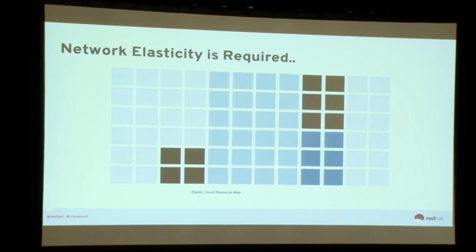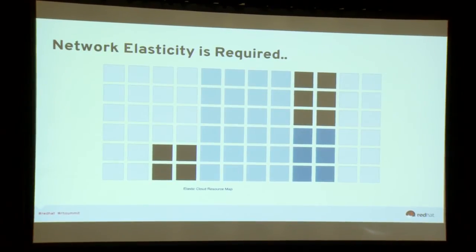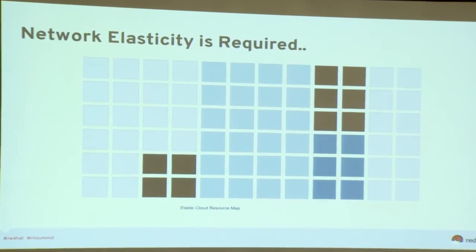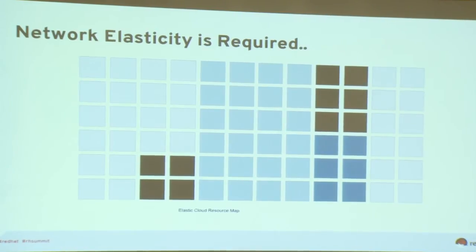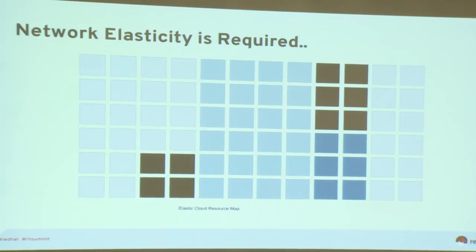So why is elasticity required? If you look at the screen here, this is a logical representation of your elastic cloud. You can just pick a color and assign it to any given resource in the cloud. Maybe the dark squares here are SSD-based block storage, right? Maybe the light blue is general compute.